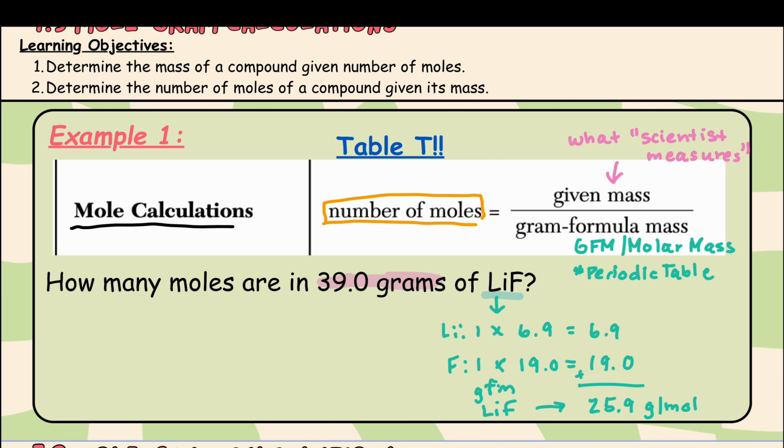Okay, so now we can just plug everything into this formula that's on table T. So our given mass was 39 grams. Our gram formula mass that we calculated of lithium fluoride is 25.9 grams per mole.